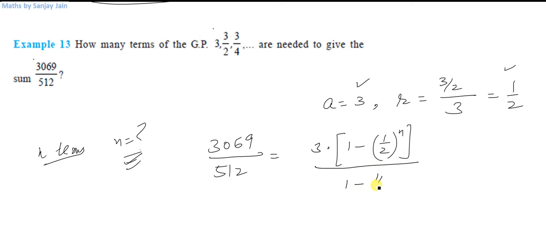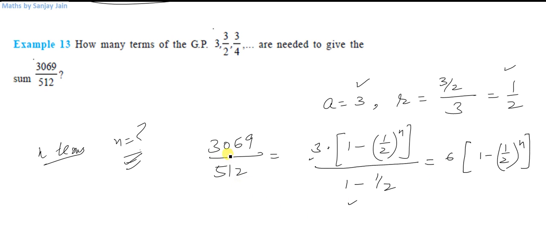Divided by 1 minus r. So this is 1 minus 1 by 2, which is 1 by 2. If I bring it in the numerator, it will be 2. So 2 into 3 will become 6 here, right? And it is 1 minus 1 by 2 raised to power n. I need to find value of n now. Okay.